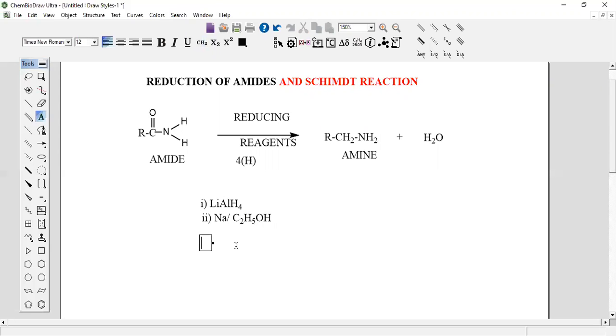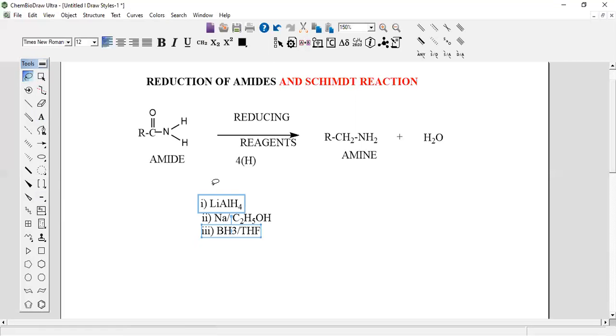Okay, now let us take the third option also. The third reducing reagent we can use is boron hydride, that is BH3, with the solvent THF, that means tetrahydrofuran.